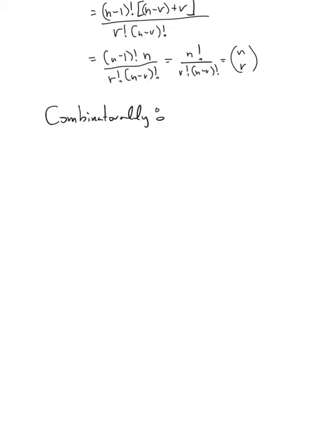Okay, so what's happening here? Let me write down the expression again. N choose r is n minus 1 choose r plus n minus 1 choose r minus 1. And we can think about it, thinking of it again as subsets of the numbers from 1 to n, this time of size r.